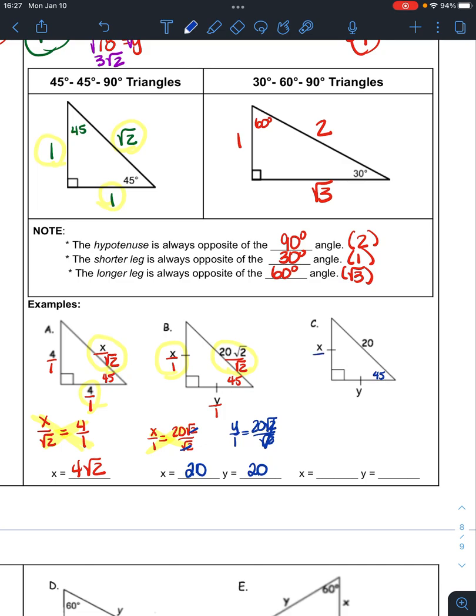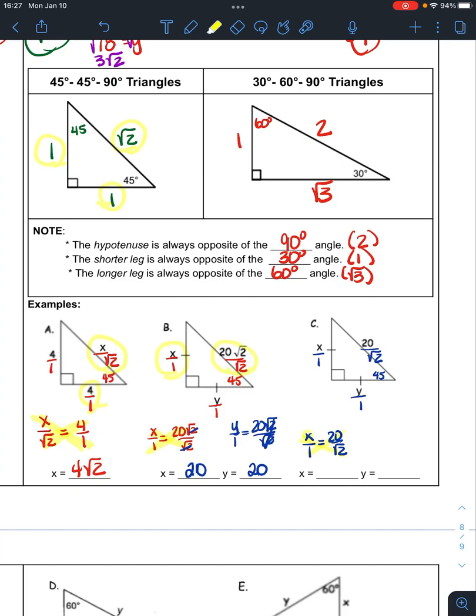Set it up. What are my pairs that go with it? It's 1 and root 2. So we want to solve for x. X over 1 is equal to 20 over root 2. Now, you can multiply, y'all, and here's where this is a little easier than what we've been doing because there's no need to actually multiply.